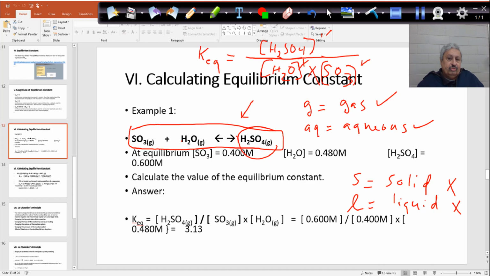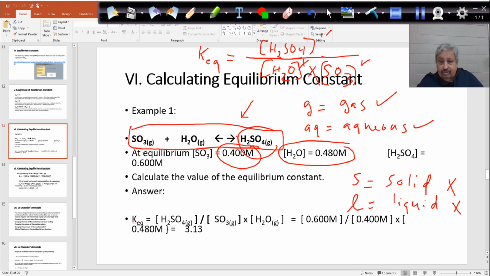That's the number of moles. Now you set this up, and then you put in the concentration of each of the reactants and the products. H2O you replace with 0.480, SO3 you replace with 0.400, correct? And those are the reactants.